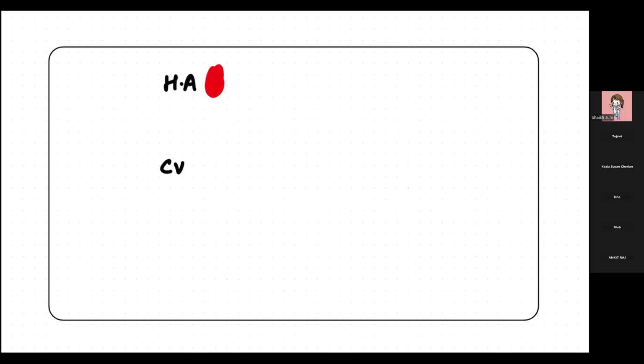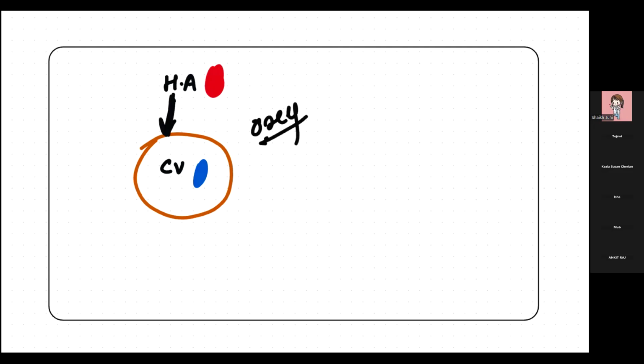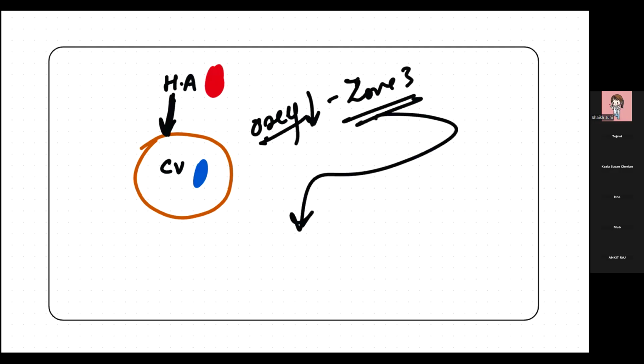So zone 3 is actually away from the hepatic artery. Because of that, the oxygen level is reduced at zone 3, and therefore if any ischemic condition occurs, it will affect the zone 3 area of the hepatocyte.